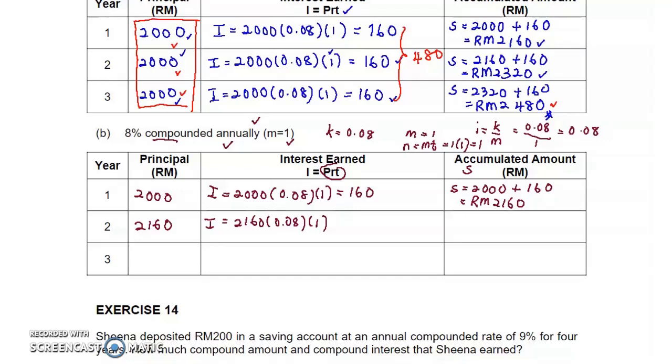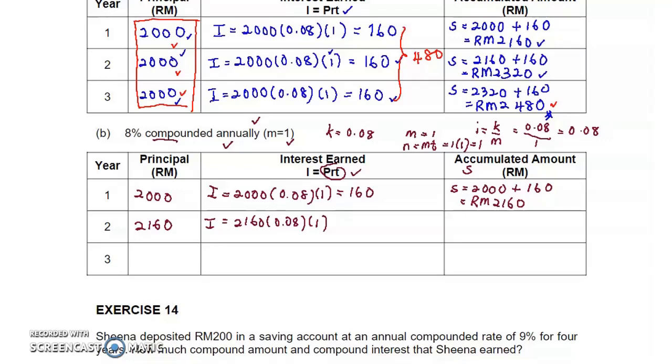That's why I show compounded annually, in order to compare with the formula I equals PRT. Later on, if compounded semi-annually or quarterly, you cannot use the formula I equals PRT, because it is only for simple interest.